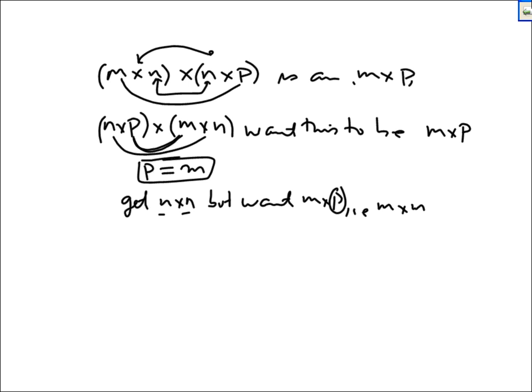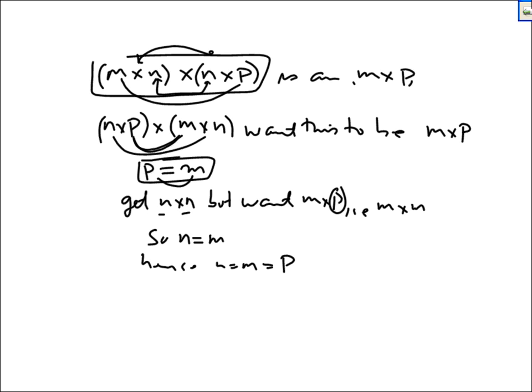That is, n and m are equal to one another. Hence, n equals m, but m equals p. That is, all of these letters, m, n, and p, are equal to one another.